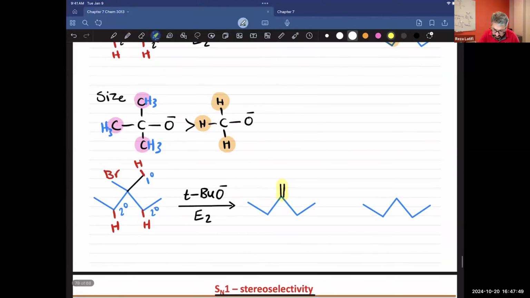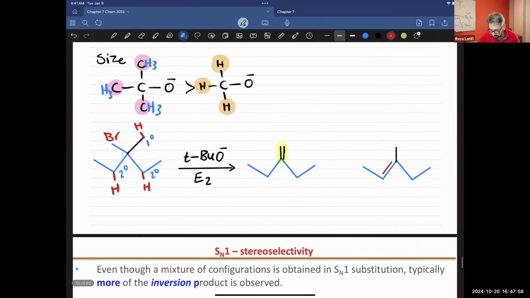And when it comes to Hoffman, the ratio is going to be really low. And in this case, I will say this is going to be the major product, and that one will be minor. Why? Because I used a bulky base.